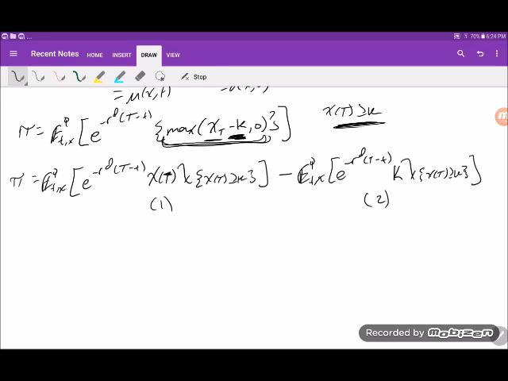Given that this isn't conditional, because we have a constant rate, and also K isn't conditional, it's just a constant, we can write this as negative K e^(-r_d (T minus t)) times the Q expectation, given that X_t equals x, of just the indicator function that X_T is greater than K.